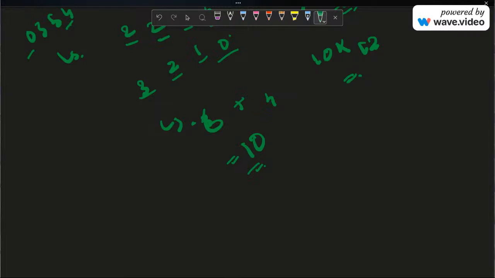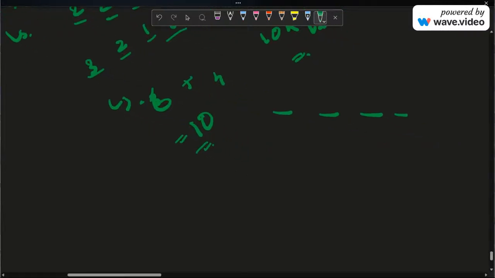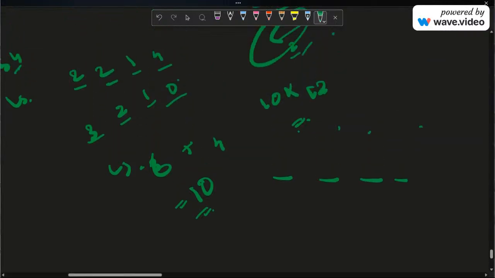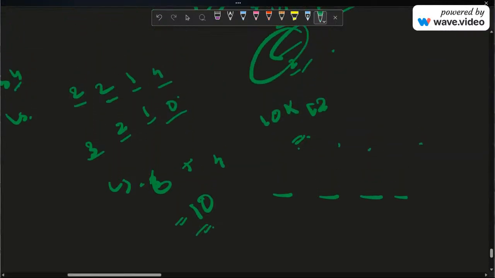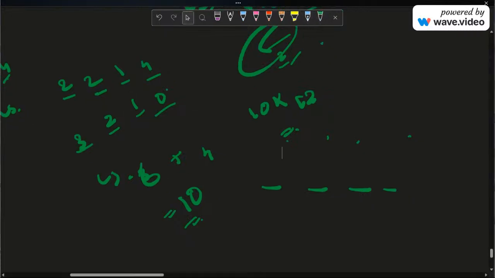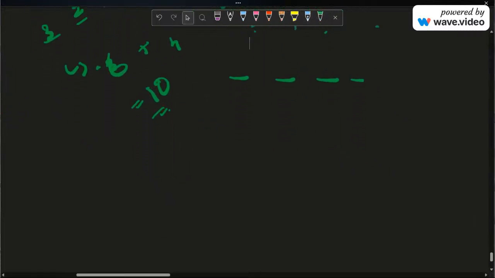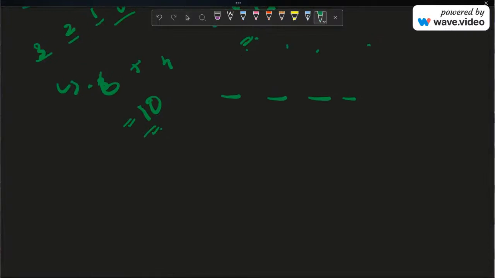Let me try this way. Ones, tens, hundreds, and thousands. So here the sum of the numbers, 0 will come here, 4 will come here. Sorry, not half time, but 6 times, 4 times 4 will come here, and 6 times 0 will come here. So 4 times 4 is 16.